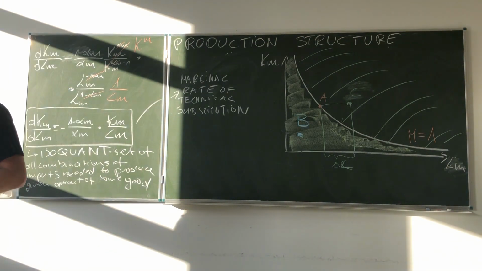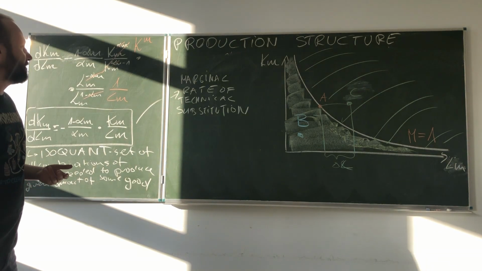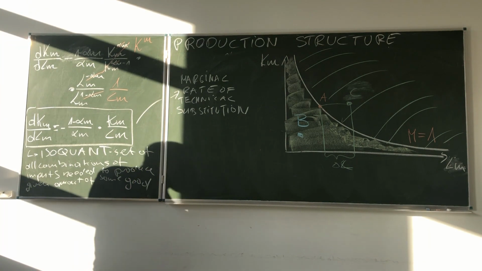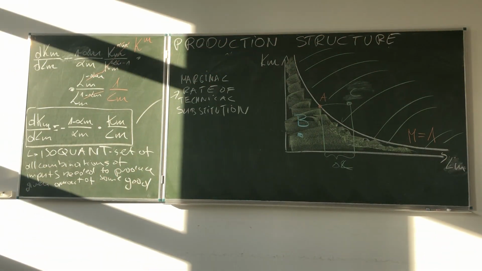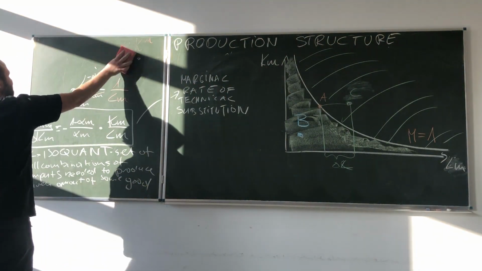Okay, so now that we have established what an isoquant is, we can use isoquants to describe production within the manufacturing and food sectors.